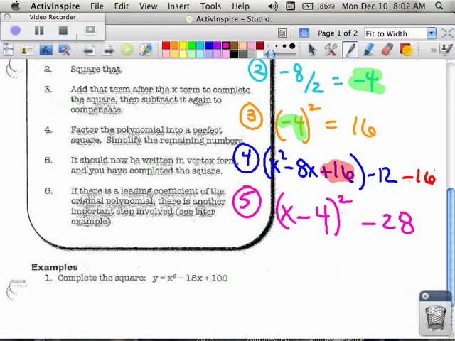But the reason that you've done this is, if this happened to be an equation, for example, if I had written this as y equals (x minus 4) squared minus 28, you could tell me right away that your vertex was at (4, negative 28). And this is why we complete the square. It has to do with graphing parabolas.